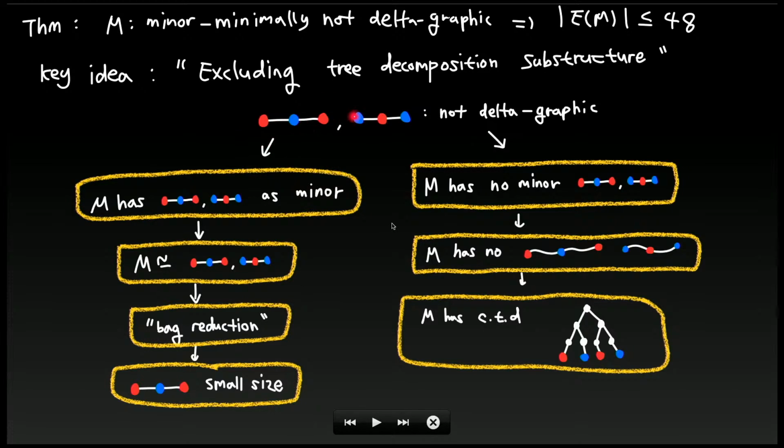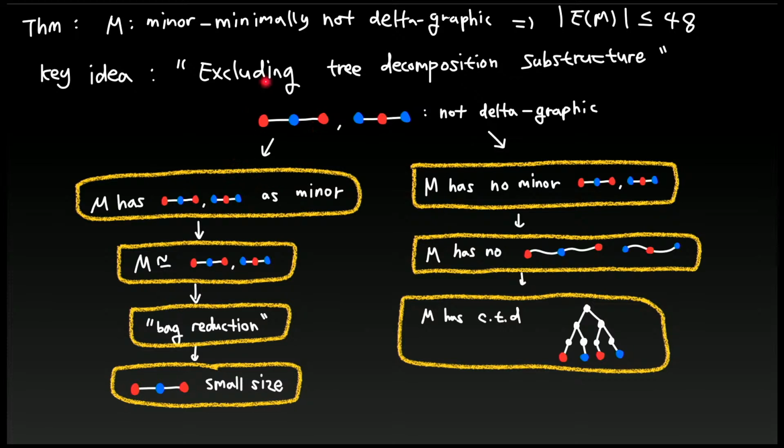Let's consider this kind of 3D composition structure with a path of length 2 and each bag colored red, blue, red, blue. Then we can observe that it is not delta-graphic because it has no field matroid or path of uniform matroid.